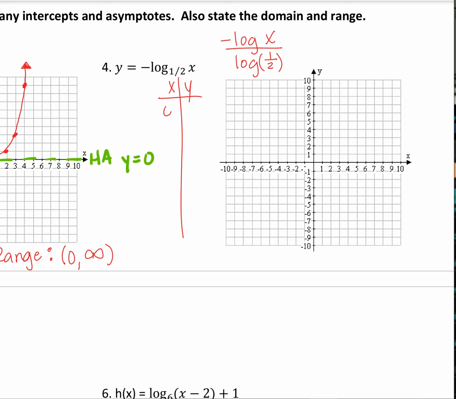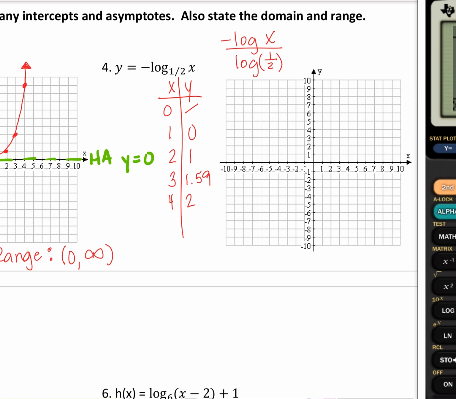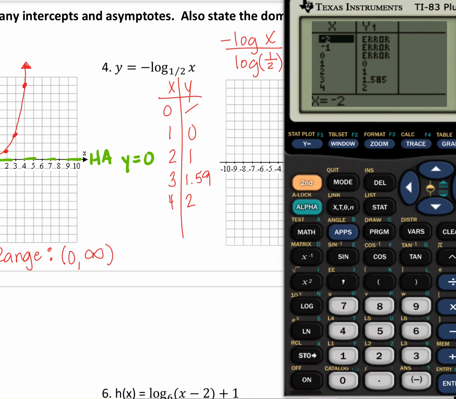So we know that 0 obviously is our vertical asymptote, so we'll start with that. We know that it's an error, so it's not going to actually be 0, but it's going to get really close to it. We have 1, 0, 2, 1, 3 is 1.59, 4 is 2. And again, I got that by looking at the second table and taking a peek at what I had.